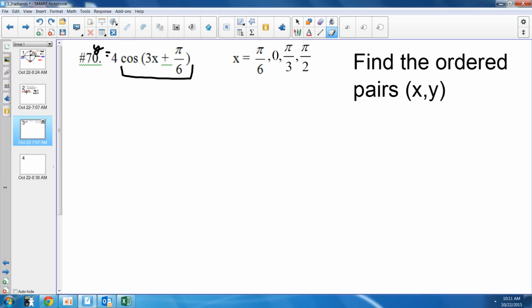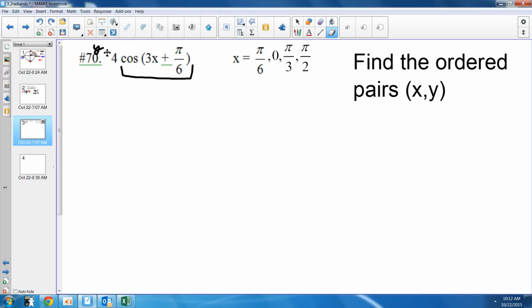I cannot separate that, and it's 4 times that number. And then what we want to do is substitute all these values in for x and get my y's. And what I'm really doing is finding points on the equation for y equals 4 cosine of 3x plus pi over 6. Why am I finding these points? Because next chapter we will start drawing graphs of all the trig functions and inverses. So that's a big chapter. All right, so this is just the beginning of it.